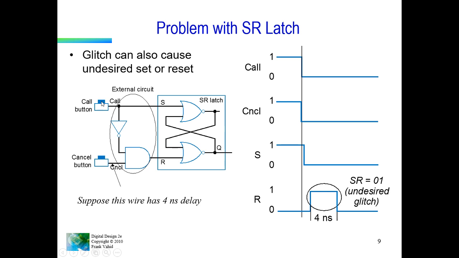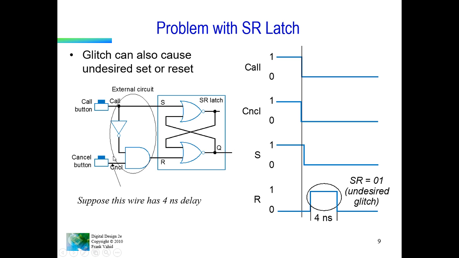So if I push the call button, this becomes a 1. So my set is a 1. That forces my R value to be a 0 because the input of this AND gate will be a 0. Then I've got a set here, so my output Q is a 1. The light comes on.